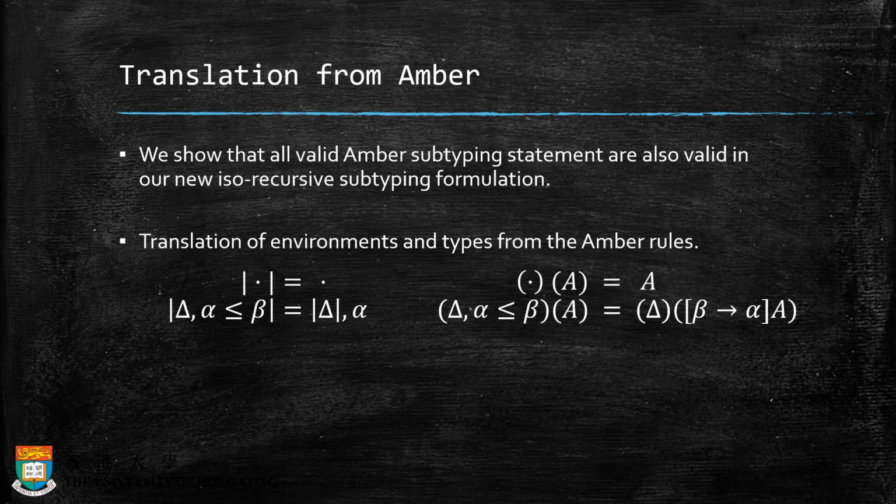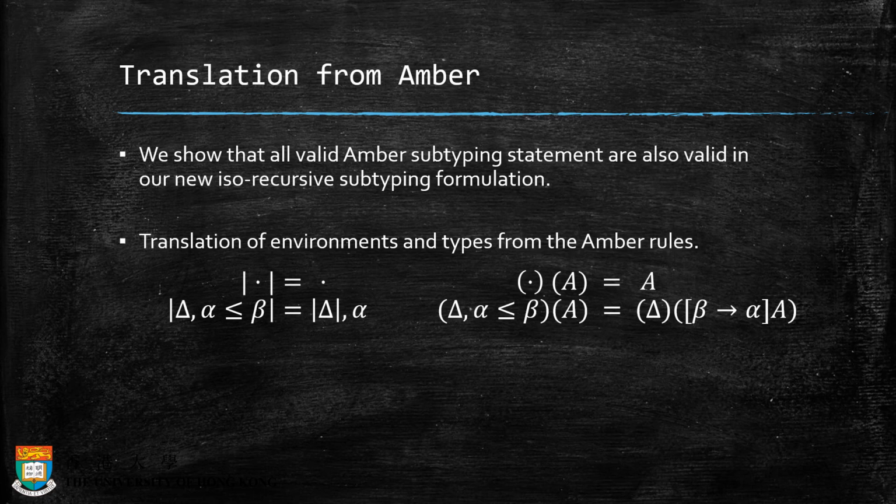We also show that all valid Amber subtyping statements are also valid in our new iso-recursive subtyping formulation. For proving this conclusion, we need a translation function to align the 2 formulations. We define a function for any assumption in the context. We keep the α and convert β to α.